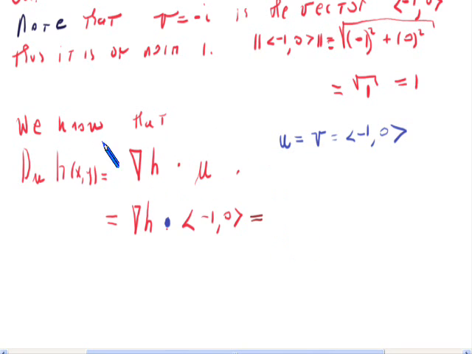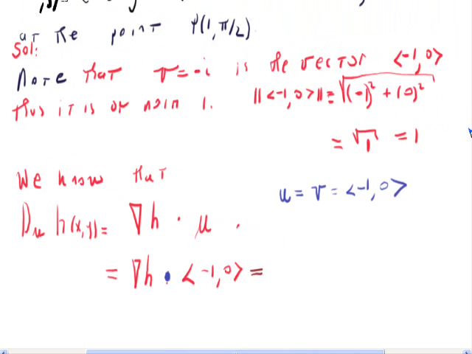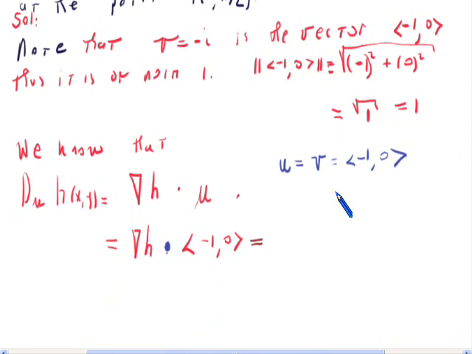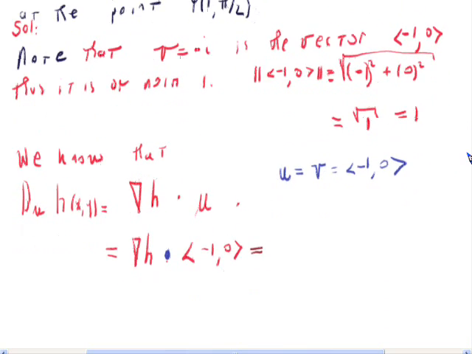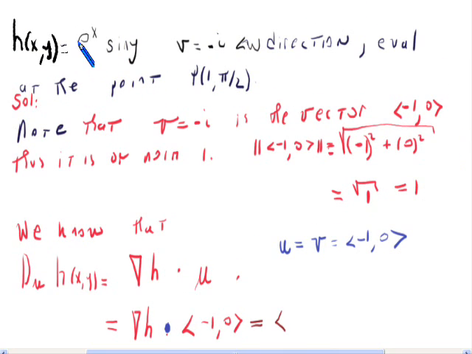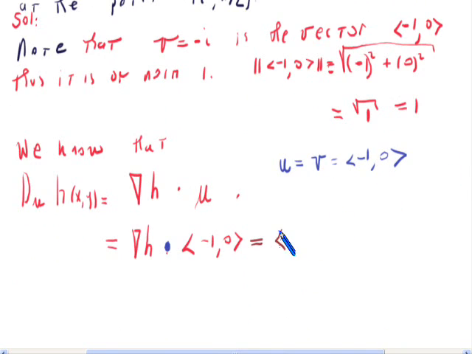The partial of this function with respect to x is just e to the x sine y, where sine y is a constant.